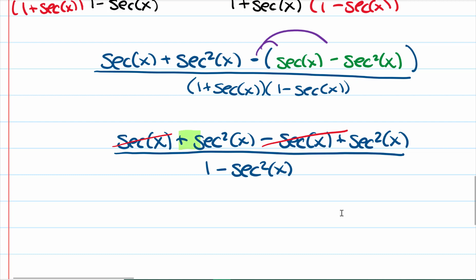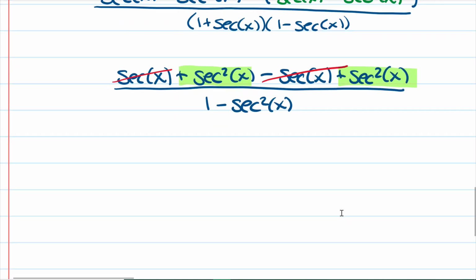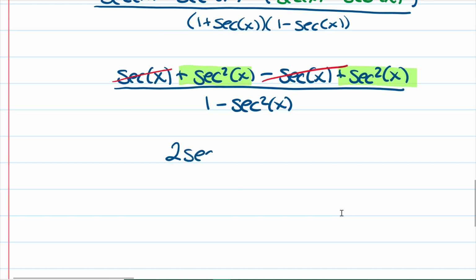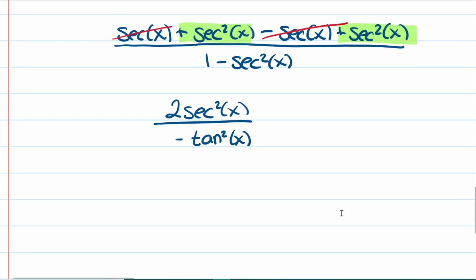And then I have 1 secant squared here and another secant squared here. So I'm going to get 2 secant squared divided by, and in the previous example, we saw that 1 minus secant squared is negative tangent squared. So now I'm going to clean it up, and this is going to be negative 2 secant squared of x times cotangent squared of x.